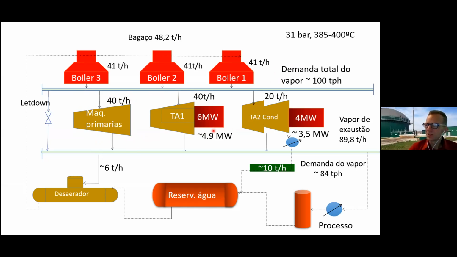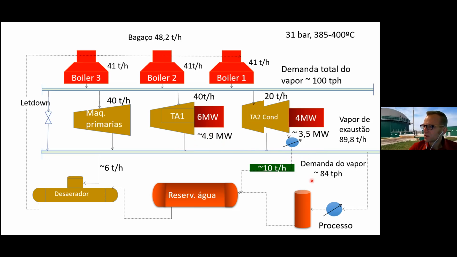an output capacity of 6 megawatts, producing just under 5 in practice, and it will also give low pressure steam. And then there's the extraction condensing turbine with a capacity of 4 megawatts, producing condensate of roughly 10 tons per hour and producing low pressure steam of about 10 tons per hour.